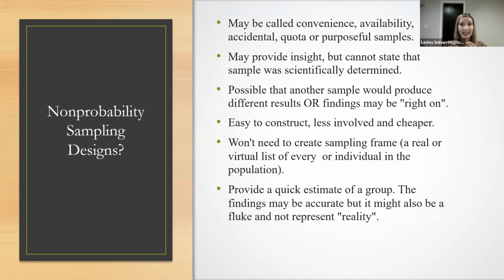Non-probability sample designs are also known as convenience, availability, quota, or purposive sampling designs. They're typically used within program evaluation when you are focusing on a particular program, like a case or a smaller cluster of programs, where you're really going to reach out to every person that you think can really give you meaningful information about the implementation of your program.